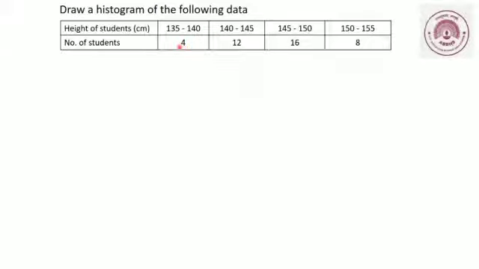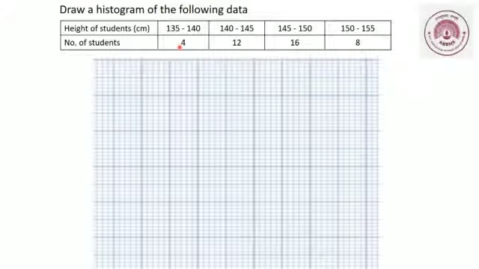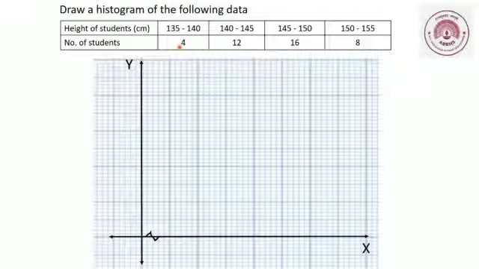Now, on a graph paper, we make two lines. One horizontal line, which is called the x-axis, and the other one vertical line, which is called the y-axis.